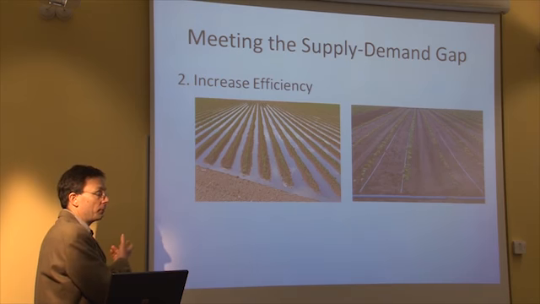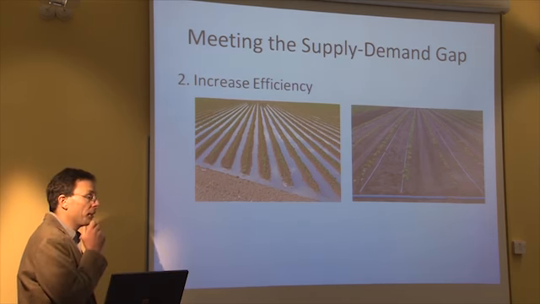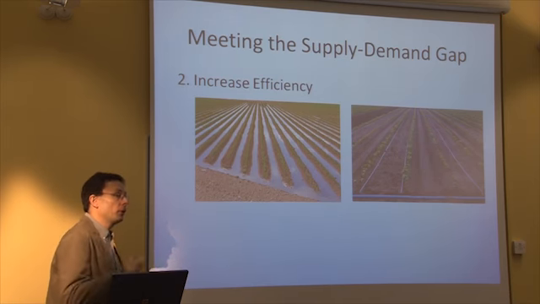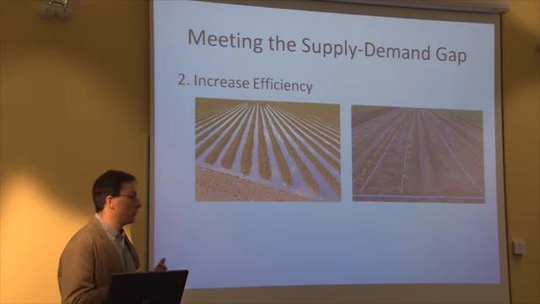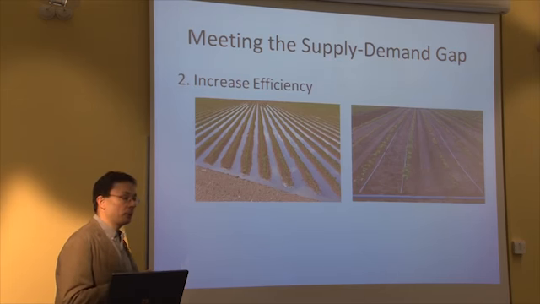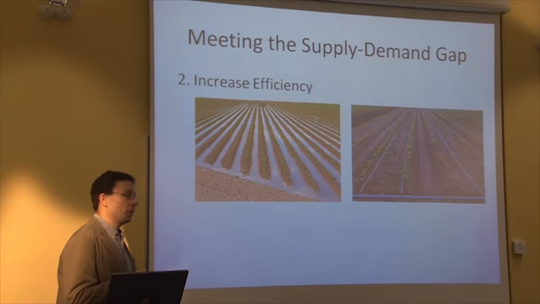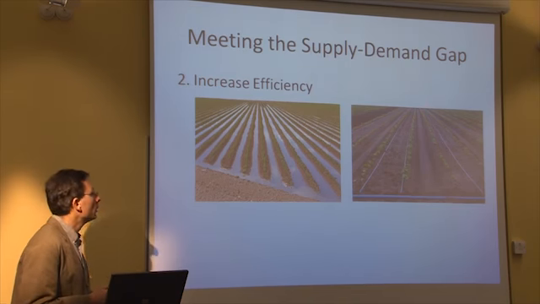Flood irrigation on the left, which has a very high water demand, and drip irrigation on the right, which is very, very water efficient. In terms of agriculture, we can increase efficiency through closing the yield gap. So improved land management. For the same amount of water that you input into the system, you get a greater yield. So you need to actually use less land to get the same agricultural output.